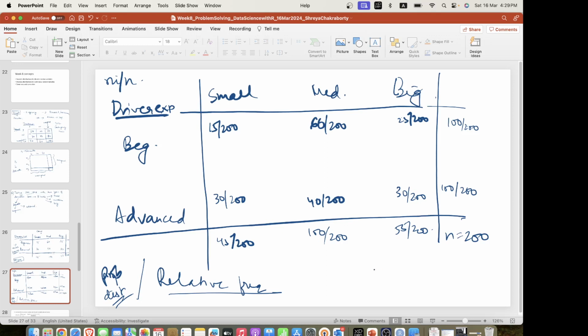Okay. So if I ask somebody that the probability that the driver would be beginner and that car would be big is how much? That would be this thing, beginner and big, this probability. This would be 25 by 200. Is it okay? Is this part clear?